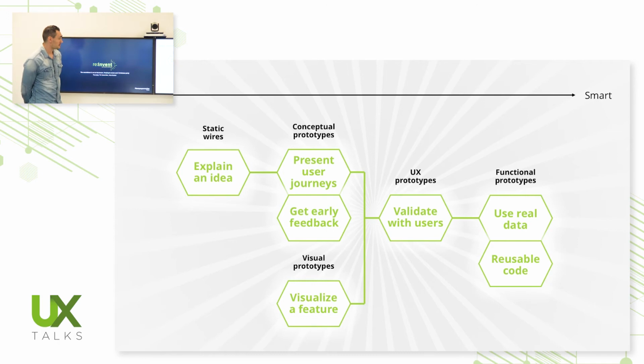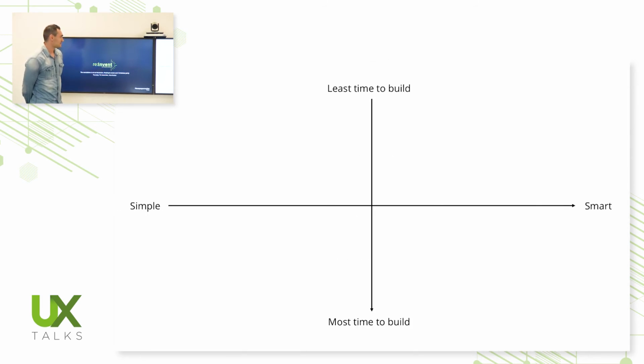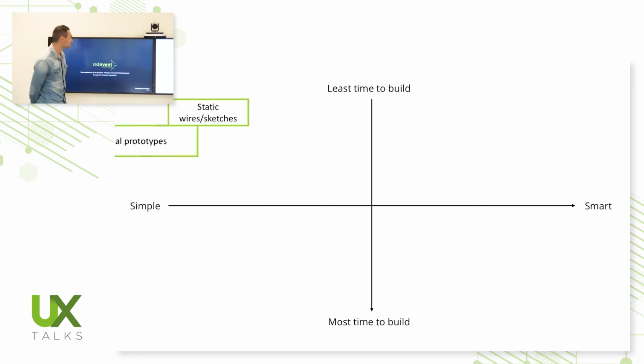So the question is, why don't we just build functional prototypes? Because that basically includes everything. So let's plot it, showing the time as well. Static wires are, as I said, a matter of minutes.